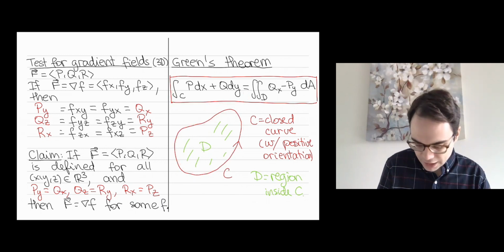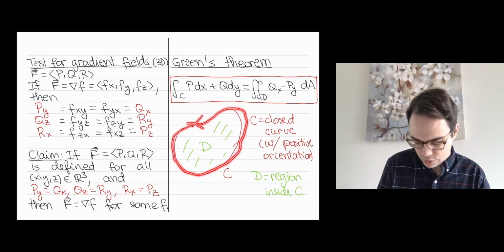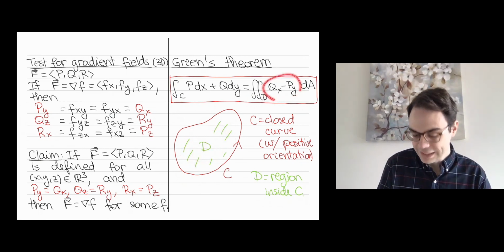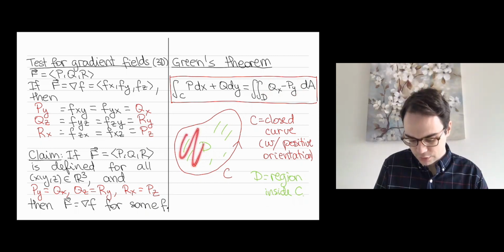To compute the left-hand side, I only need to know P and Q on the boundary curve. I don't need to know P and Q inside. But for the right-hand side, I need to know at least this combination of partials throughout the interior of the region.